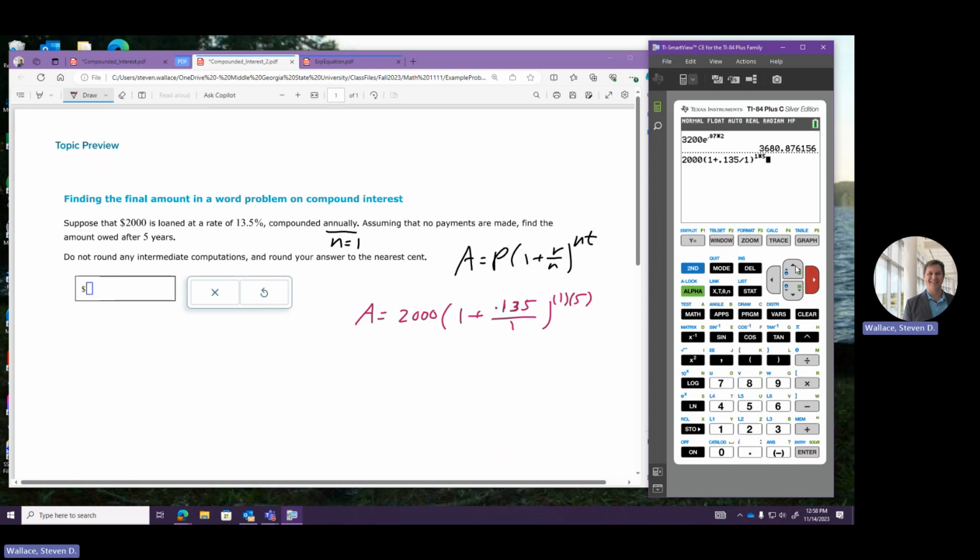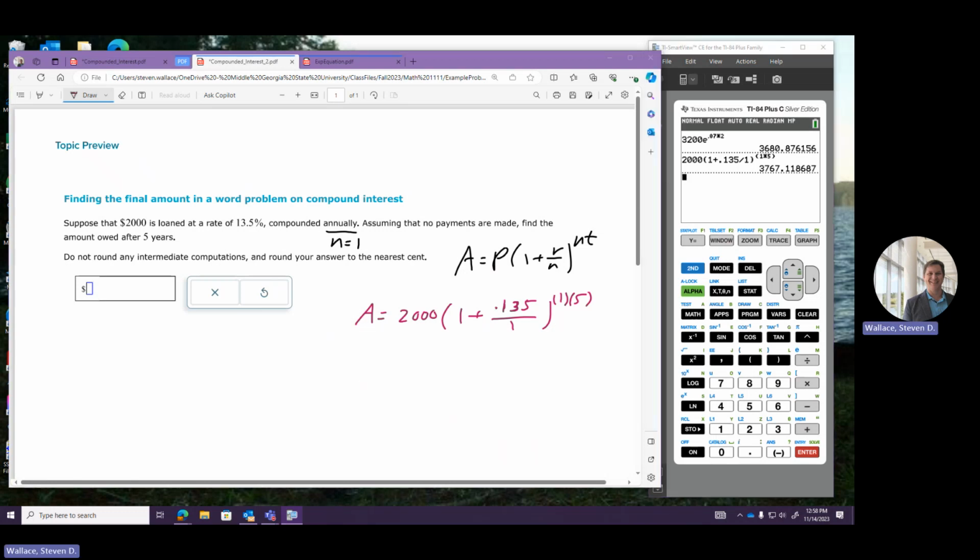And, you know, depending on the operating system you have, you may need to put parentheses around your exponent. Make sure you don't make an order of operations mistake. Okay, this one, the answer's $3,767.12.